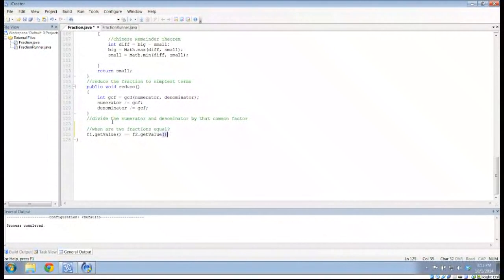But we discussed when we were talking about doubles that we really couldn't test for equality due to floating point errors. So we always have those decimal places out in the 12th or 13th decimal place.